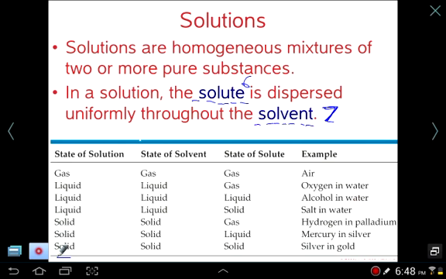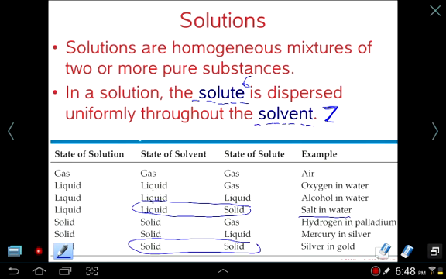The most common version of a solution that we're all used to is a solid in a liquid. So this is your salt and water. But we can even have a solid dispersed in a solid. So these are alloys. Actually, silver and gold, these are called alloys. So really you can have any state dissolved in any other state, as long as it is uniform or homogeneous.